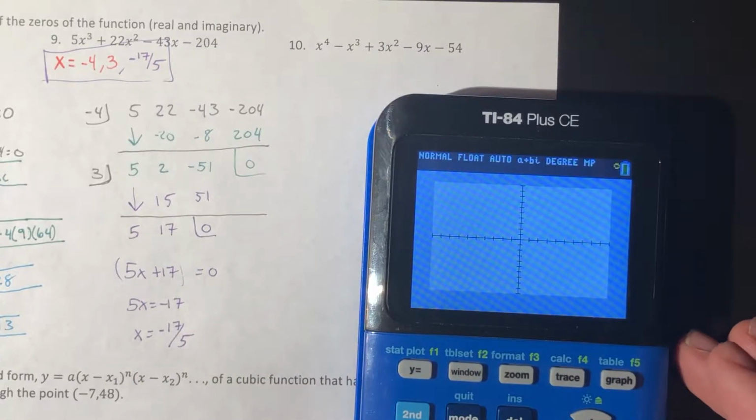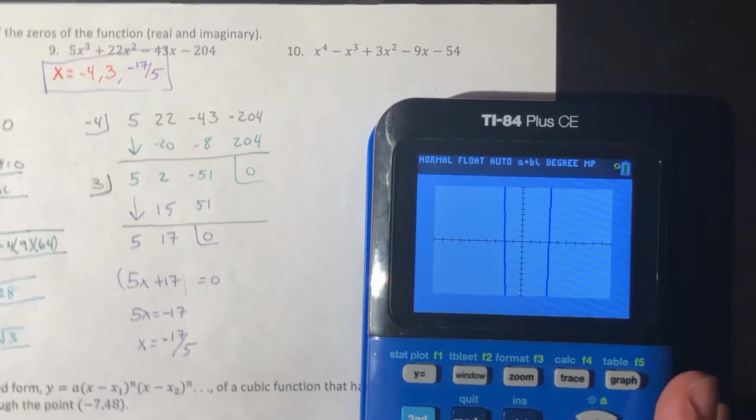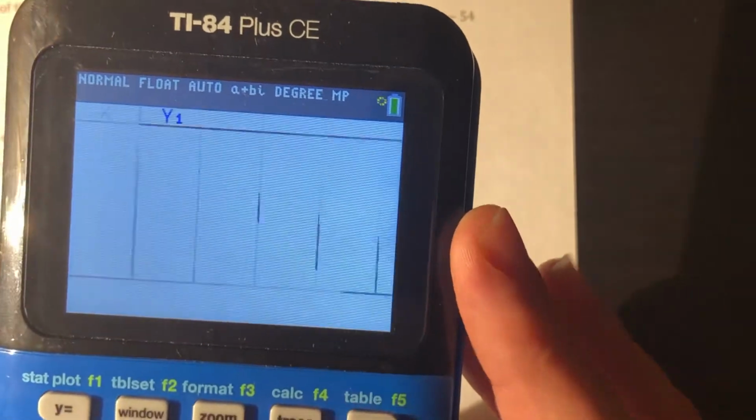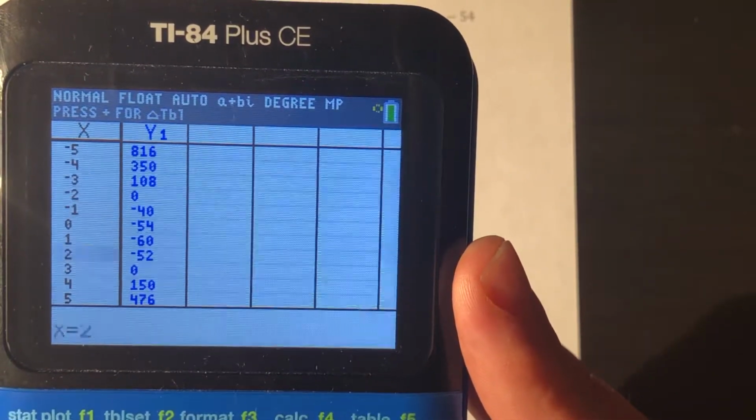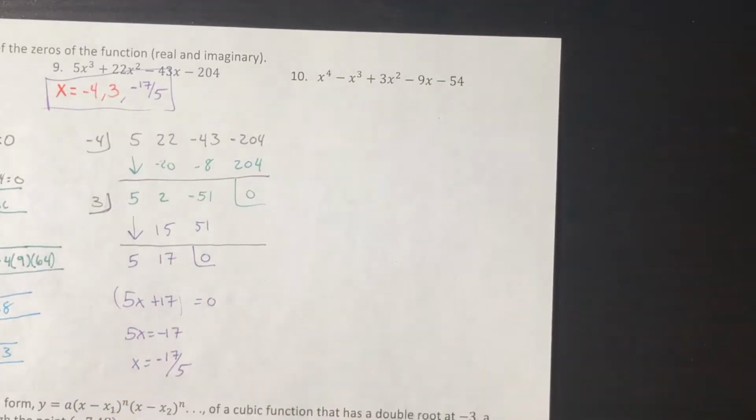I graph it. And here, I'm only shown 2 roots. Both of them are rational. I've got -2 and I've got 3. So I know those 2 zeros.